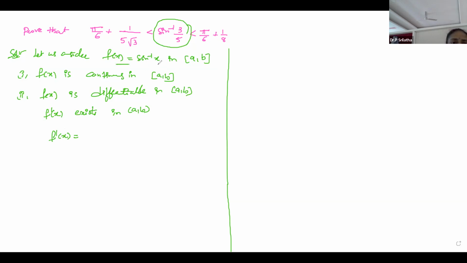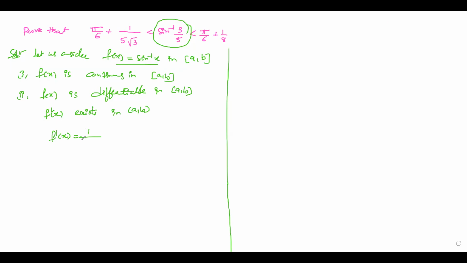Here f of x is sin inverse x. So what is the differentiation of sin inverse x? Sin inverse x differentiation. f dash of x equal to, what is the differentiation of sin inverse x?